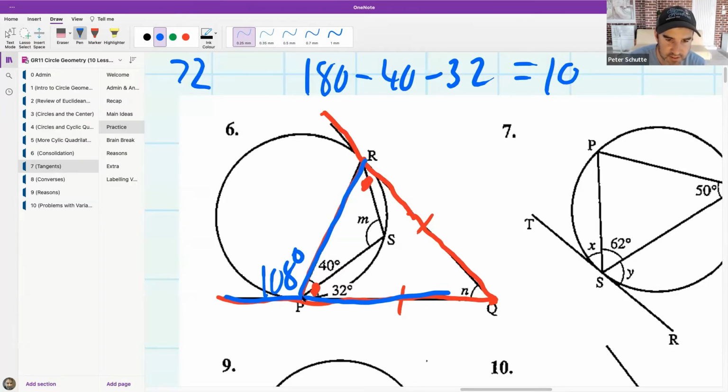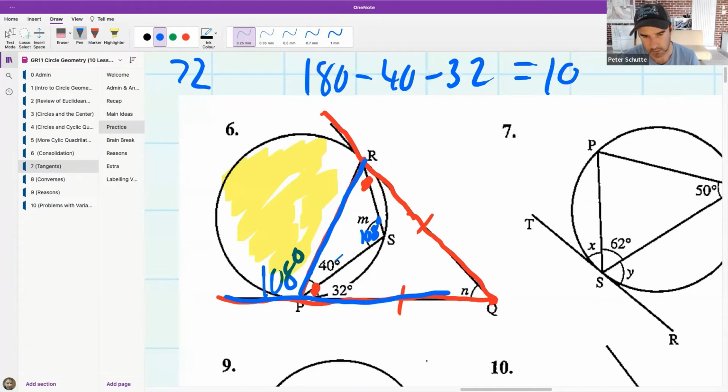The real clever bit is the connection between this tangent and this chord. The angle between the tangent and the chord, we say, is always equal to the angle in the alternate segment. Now that's a little bit too many big words for one day, but essentially one segment of the circle is this side. The other segment is on the other side of the chord. And so the angle over here is going to be 108.